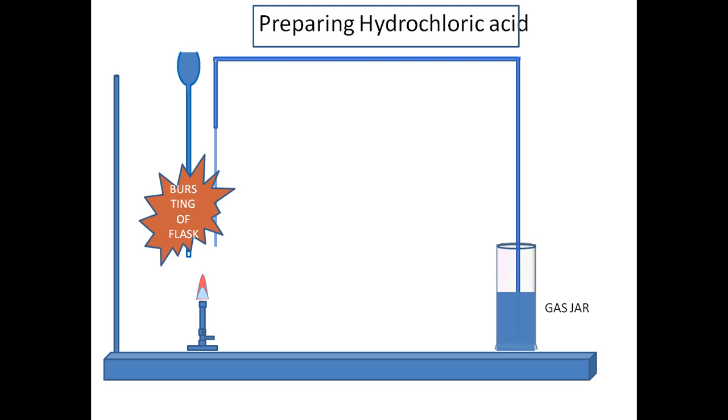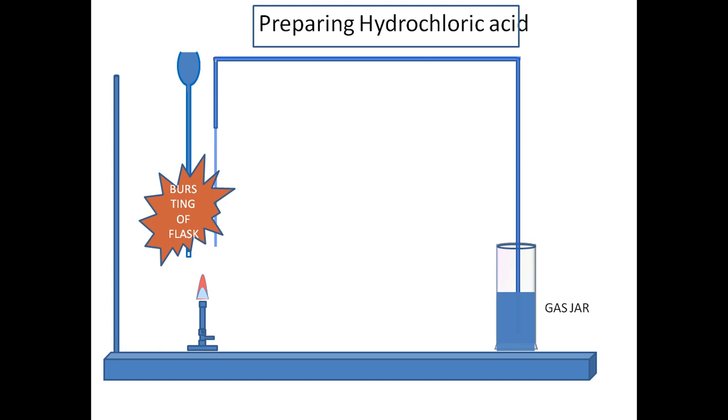Here you can see the water rose from the gas jar and it entered into the round bottom flask. This happens because of the large solubility of hydrogen chloride gas in water. This movement of water into the round bottom flask is called back suction.